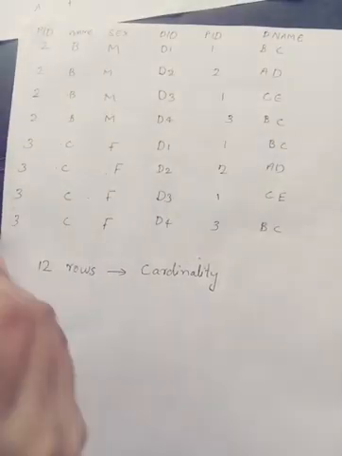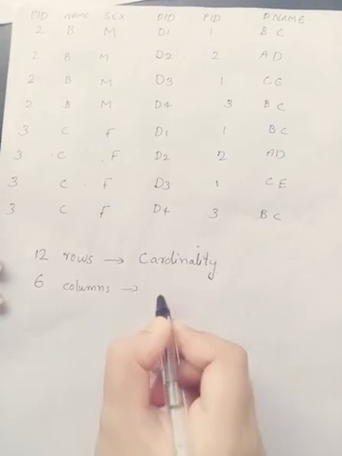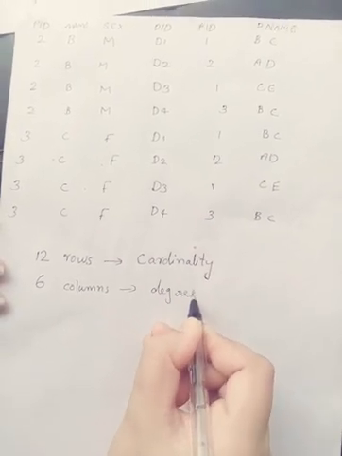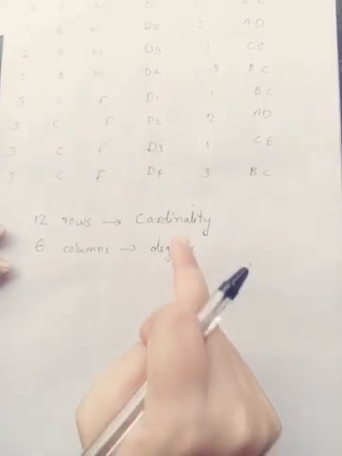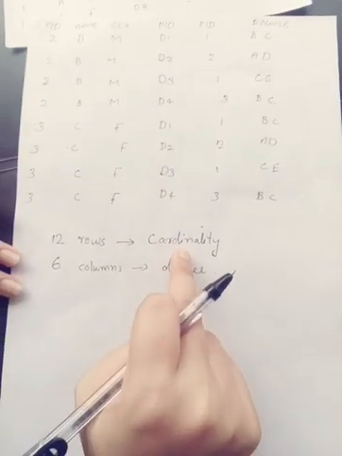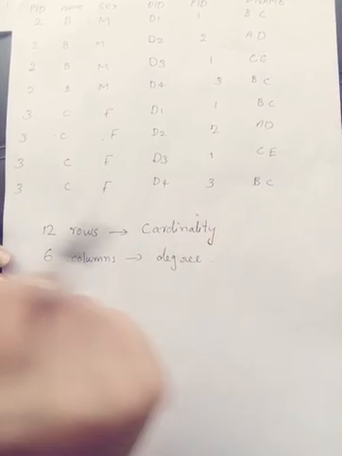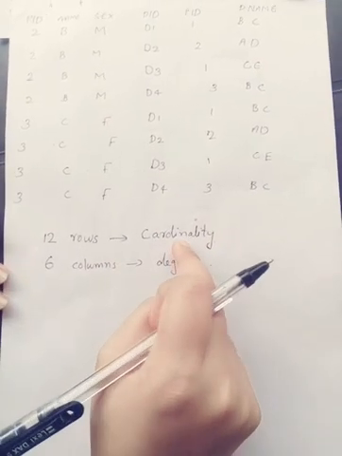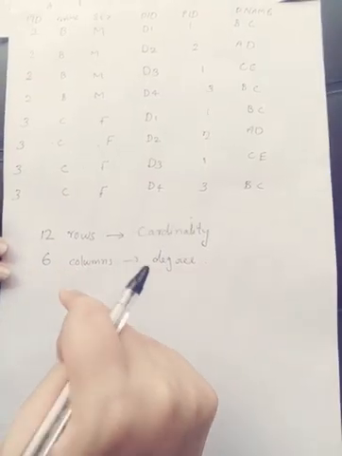Here 6 columns are there. This is degree. So cardinality and degree are both very important concepts. You can expect the cardinality of a cross join in your next exam. Cardinality means how many rows there are. Degree means how many columns there are.